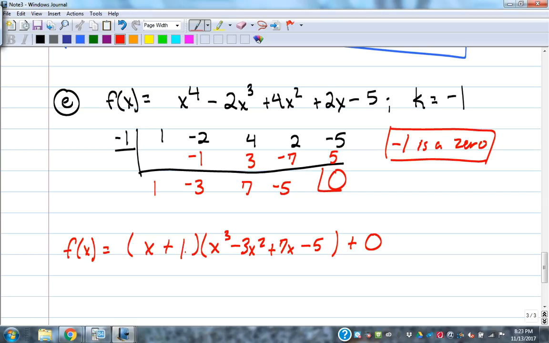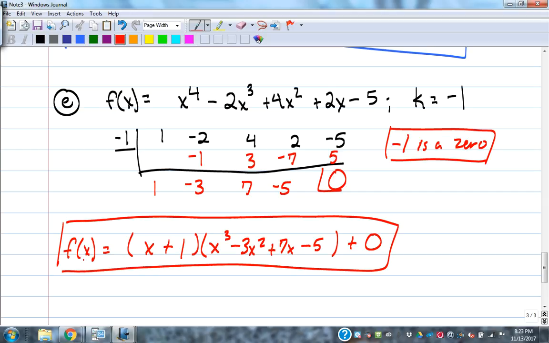X plus 1. Got 2 more examples, guys. We'll get out of here.